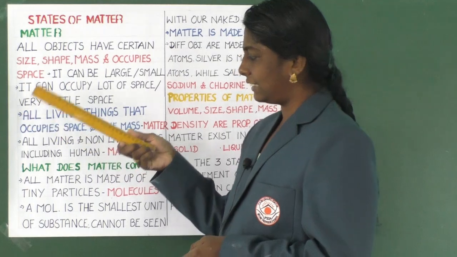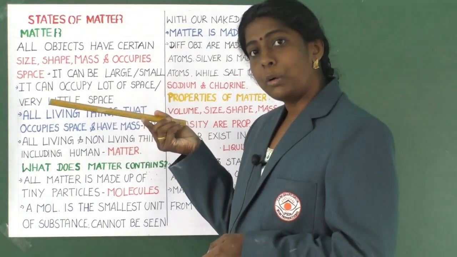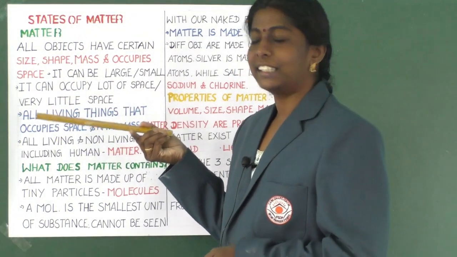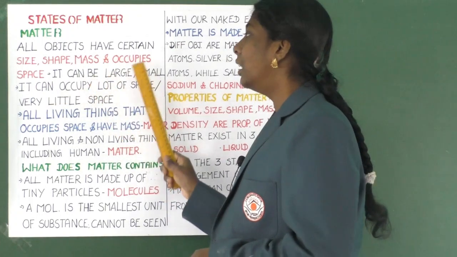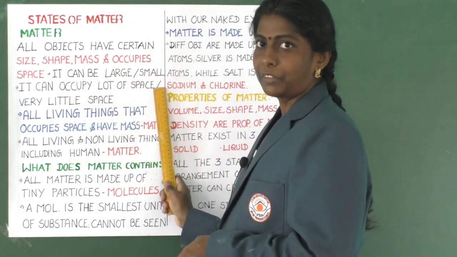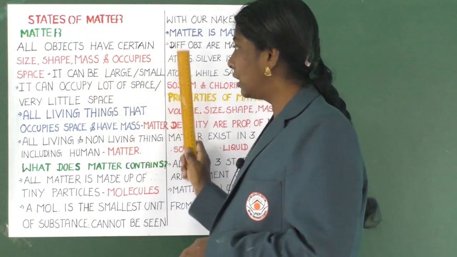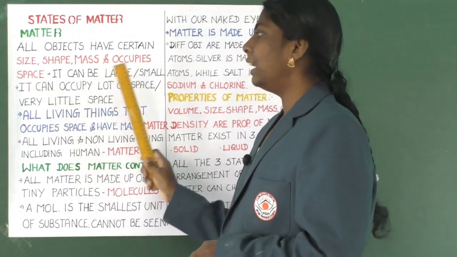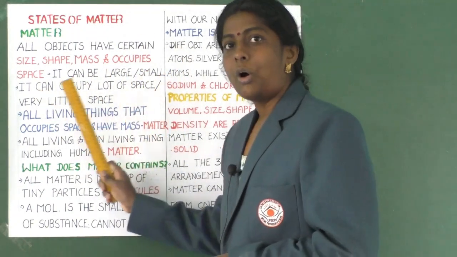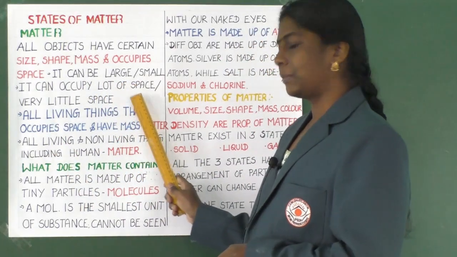If I take the example of the scale, it will occupy some space. An object can be large or small. It can occupy either a lot of space or very little space.